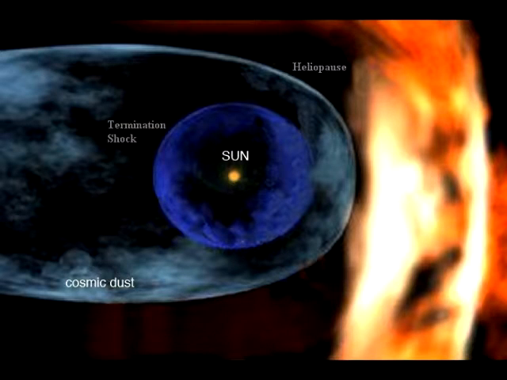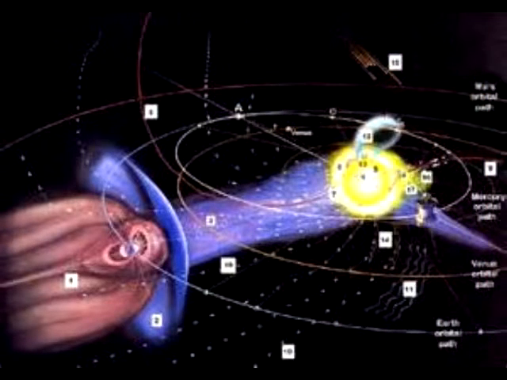Here's a representation of the galactic magnetic field interacting with the solar field. Everything in the galaxy, the fields of magnetism, interacts with each other. Here's a representation of the solar magnetic field interacting with a planetary magnetic field.